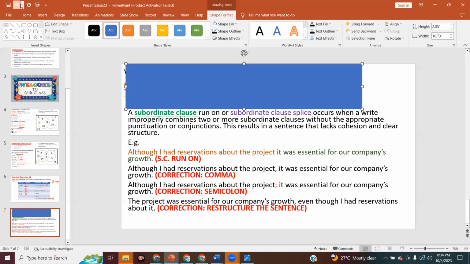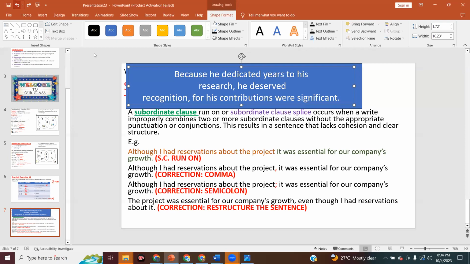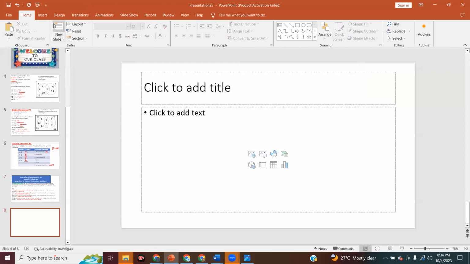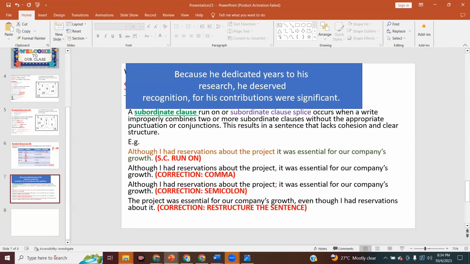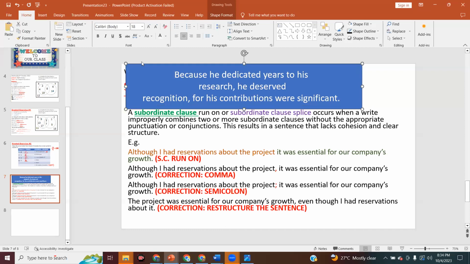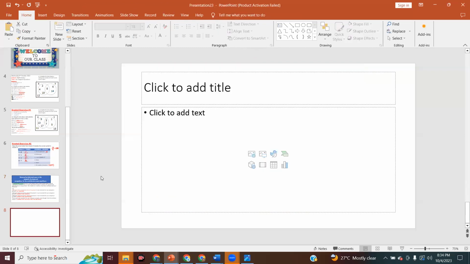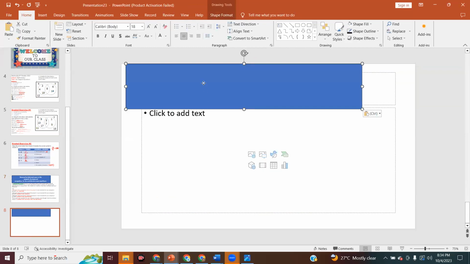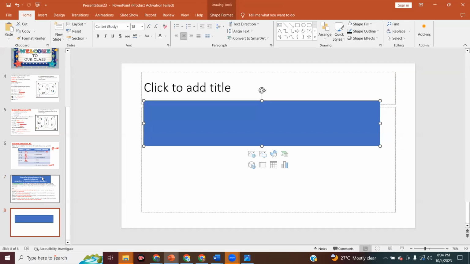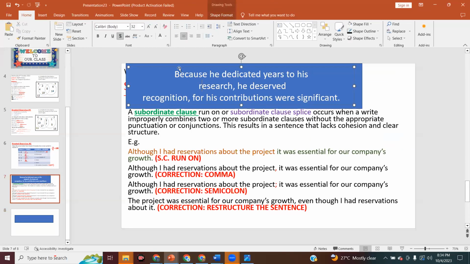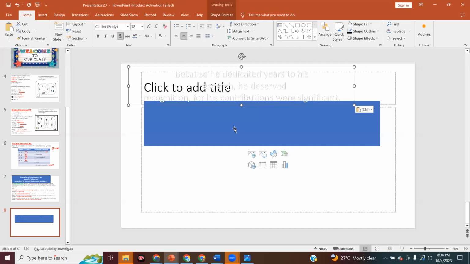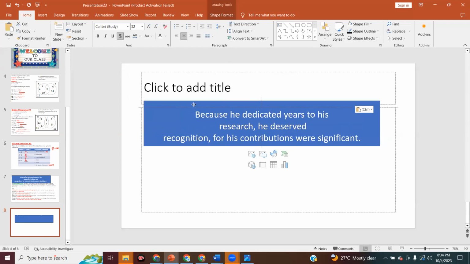You can put a semicolon. Very good. And what's the other way? Restructuring. You could restructure the whole sentence, okay? Which one is your go-to? Restructure, comma, or colon? Restructure. Colon. All right.